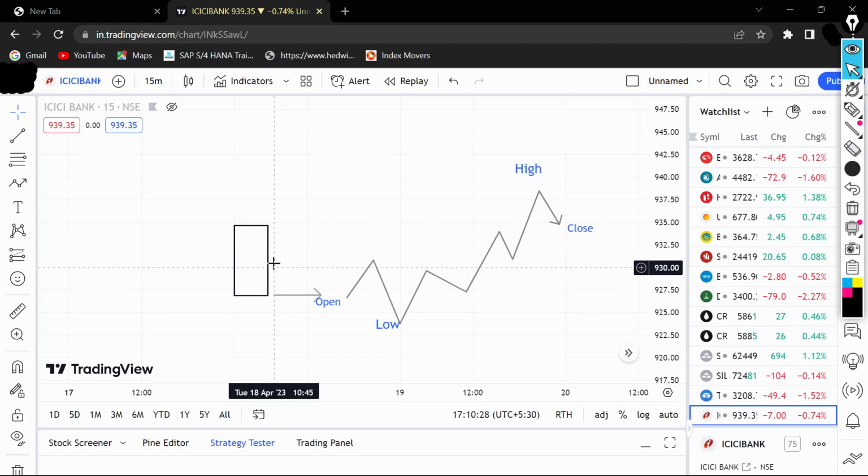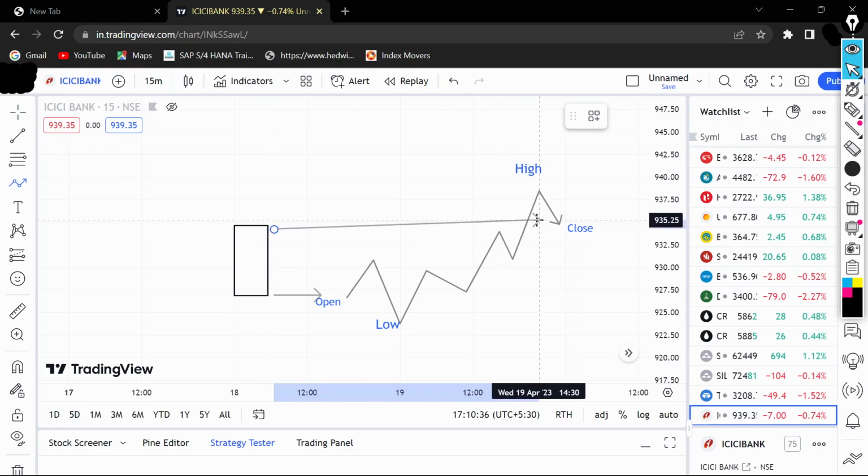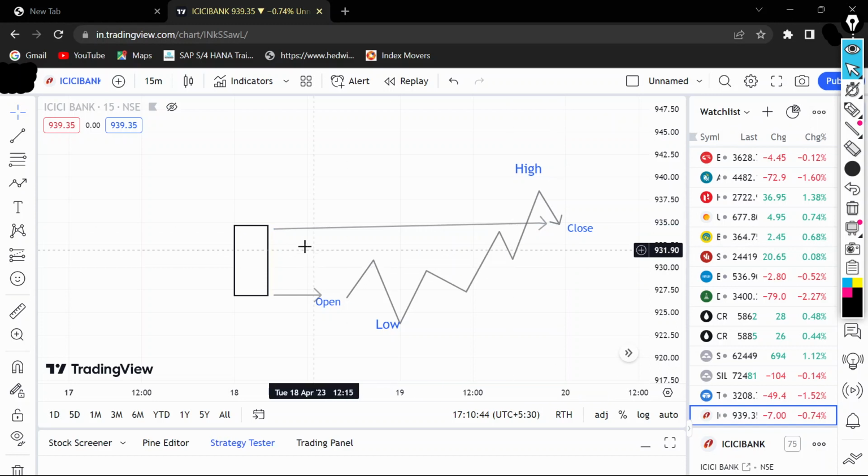If you mark the opening price and closing price, it forms a body.